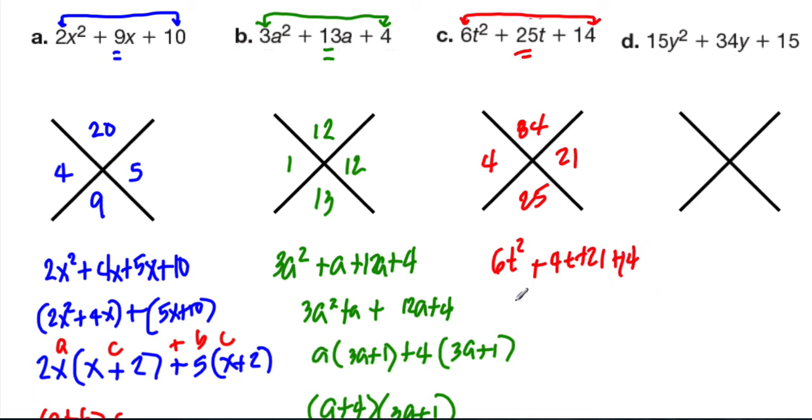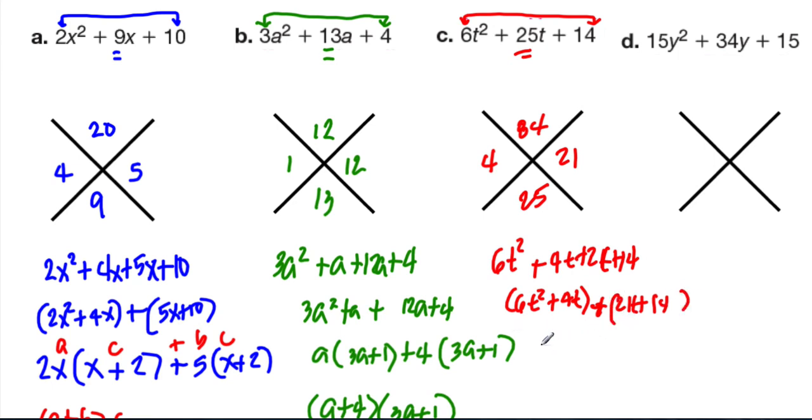Using the grouping method, this becomes 6t² + 4t plus 21t + 14. I forgot the t here. And I group that as well.